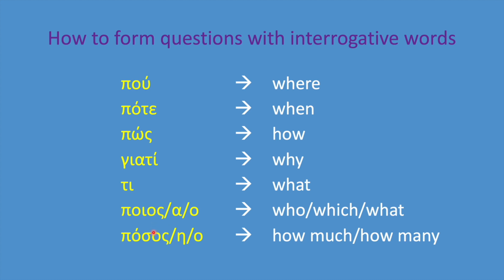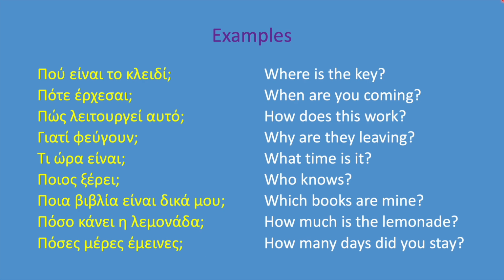These two are declined like adjectives with the same endings. So, ποιος, ποια, ποιο are declined like νέος, νέα, νέο. And πόσος, πόσοι, πόσο are declined like καλός, καλή, καλό. Let's look at some examples.